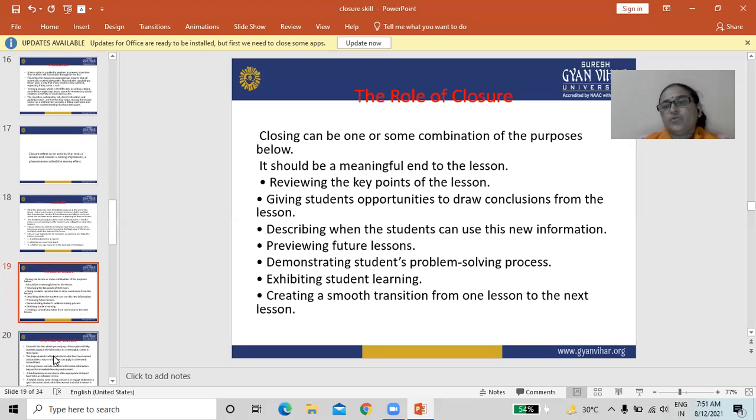The role of the closer. Closing can be done with one or some combination of the following purposes. It should be a meaningful end to the lesson.